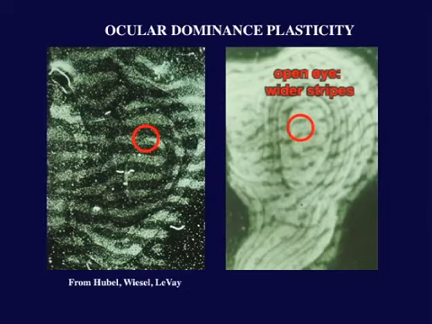And many years ago, Hubel and Wiesel, trying to figure out if this was a hardwired pattern, did their famous experiment of closing one eye in a monkey or cat during the critical period of development, and lo and behold, discovered that the inputs from the open eye expand to take over way more than their fair share of cortical territory in visual cortex. And that's what you see here, where now the white is really expanded, and there's just these piddly black areas that belong to the closed eye.